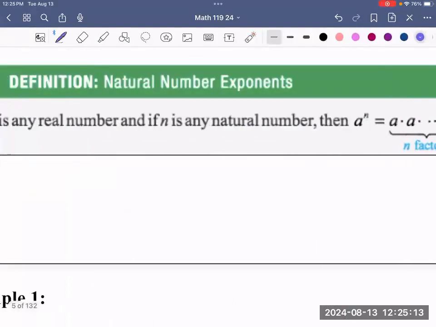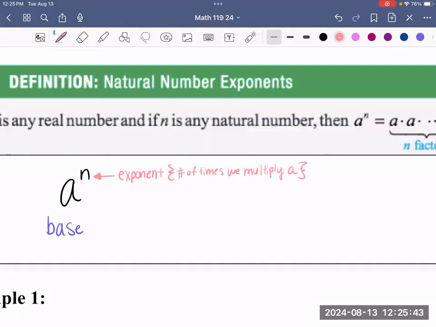So that we can break this down, a is going to be considered your base, and n is going to be considered your exponent, the number of times we multiply a.